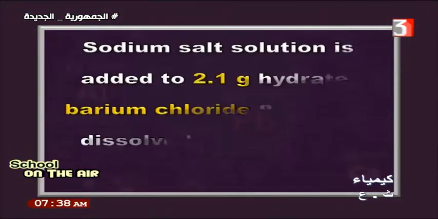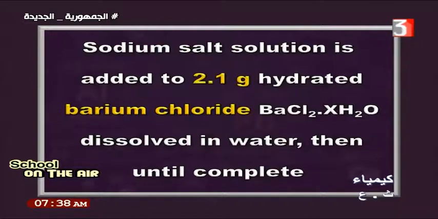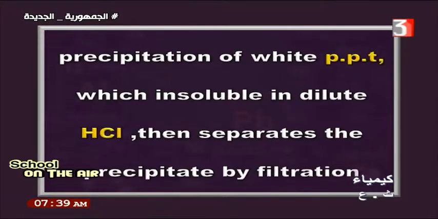Next one, problems. Sodium sulfate solution is added to 2.1 gram of hydrated barium chloride, BaCl2.XH2O, dissolved in water, until complete precipitation of a white precipitate, which is insoluble in dilute hydrochloric acid.